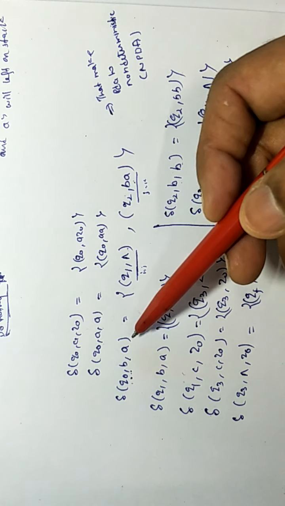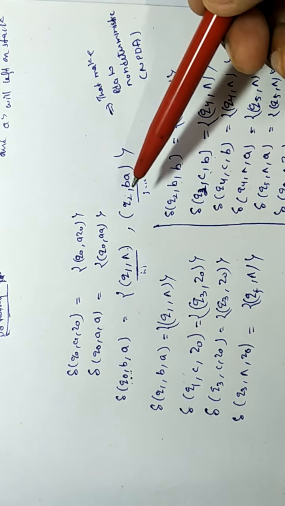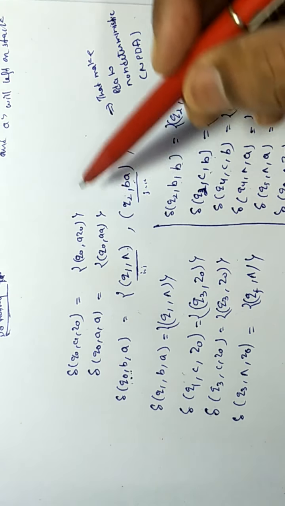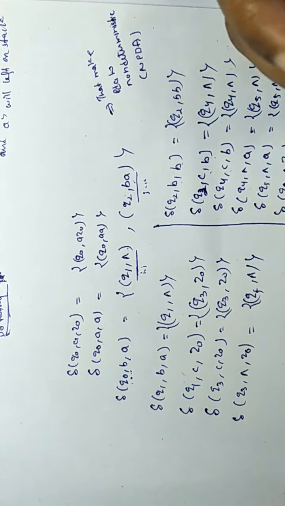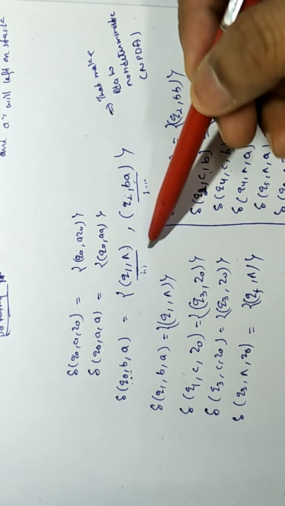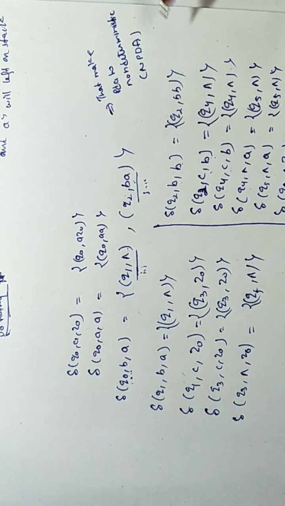On reading b, with a on the top of the stack, either I will pop this way, or I will push this way. And that is why we write transitions in curly braces. Why do we write transitions in curly braces? Because it is a set of transitions. There can be more than one choice. So this PDA is a non-deterministic PDA.